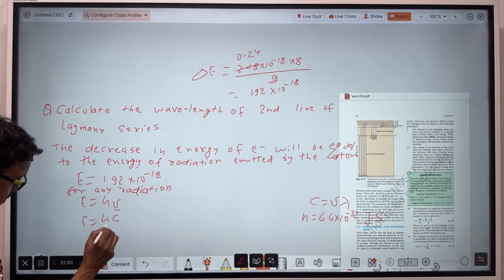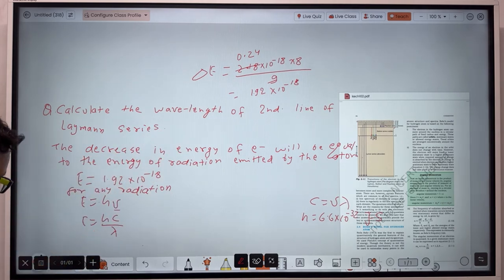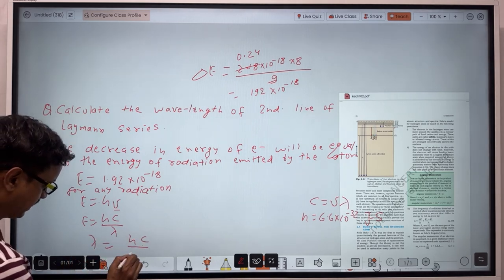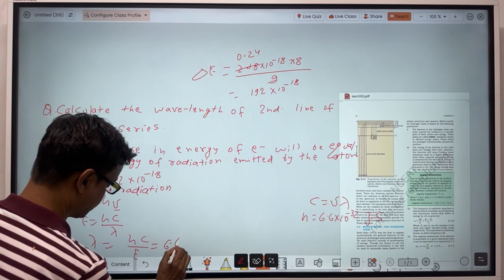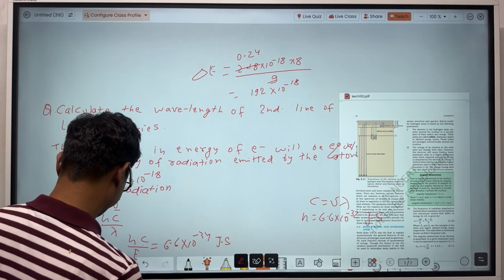So E equal to hc upon lambda, because the wavelength of light is asked. So lambda will be equal to hc upon E. That will be equal to 6.6 into 10 to the minus 34 joule second.